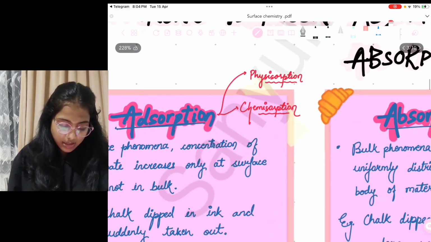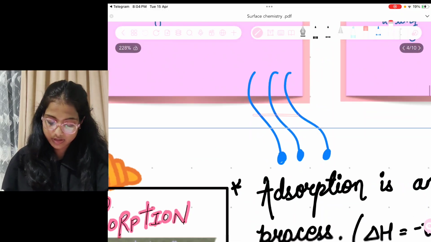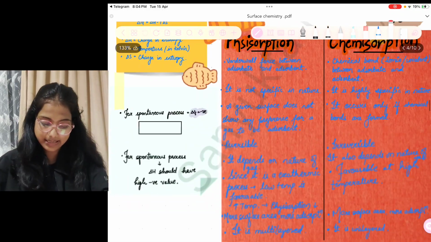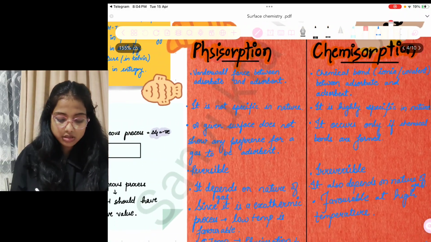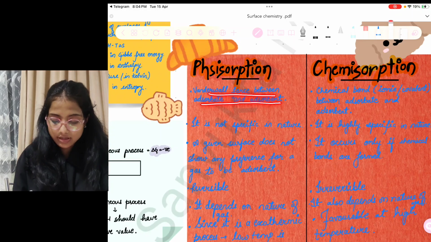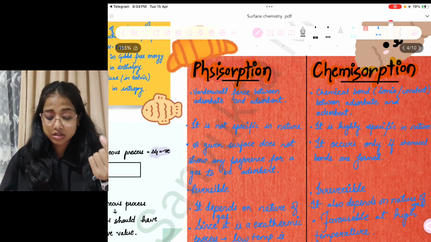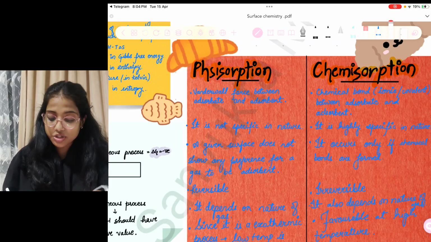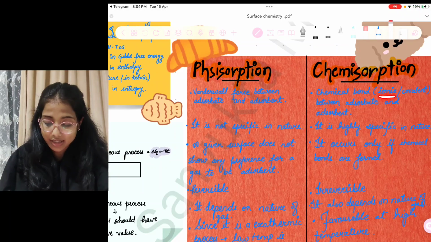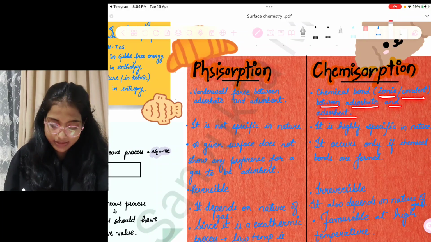Now adsorption is of two types, that is physisorption and chemisorption. Physisorption occurs due to the van der Waals force between adsorbate and adsorbent, whereas chemisorption occurs when there is chemical bond formation, and the bond can be ionic or covalent, between adsorbate and adsorbent.